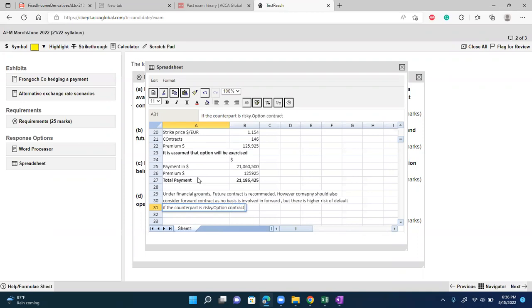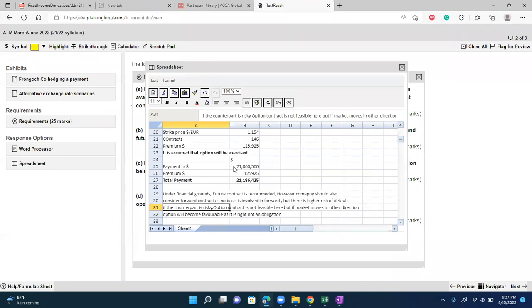The option contract is not feasible here, but if the market moves in the other direction, the option will become favorable, as it is a right, not an obligation.